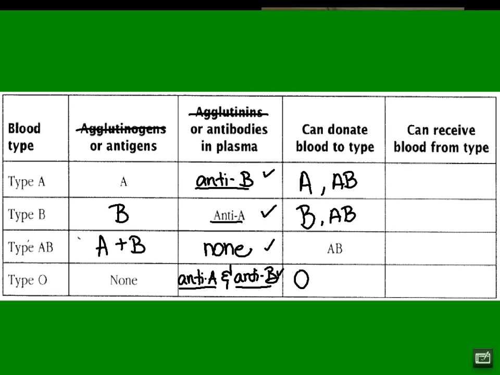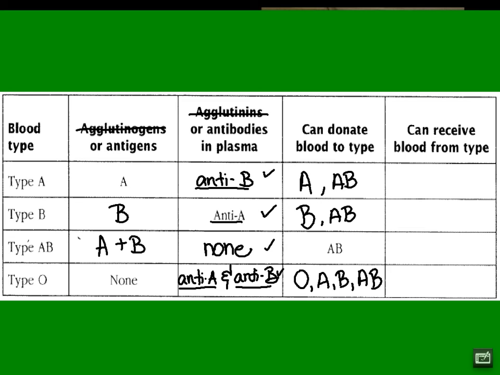Now, type O blood has no proteins, so it can donate to itself, but it can also donate to all of the other blood types because there is nothing that can get attacked. Since there is no antigen on its surface, the antibodies that are present aren't going to attack those antigens.